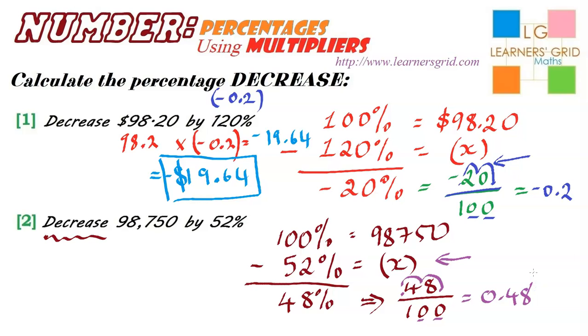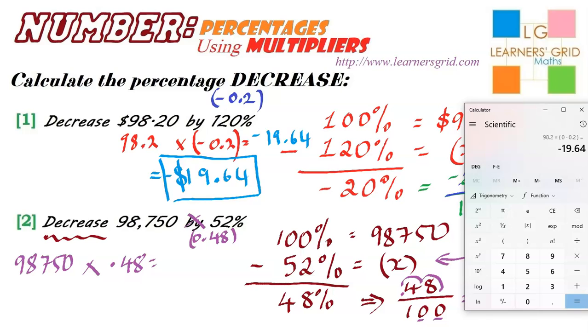So what that means is that my multiplier for number 2 is going to be 0.48. So basically, all I need to do now is do this with my calculator. 98,750 multiplied by 0.48. And that will give me the final answer.